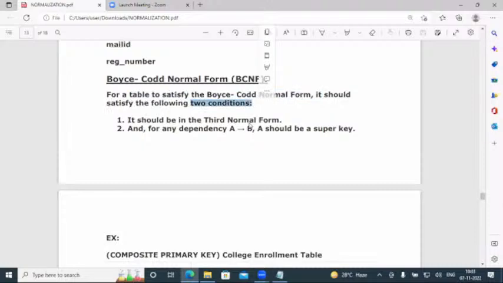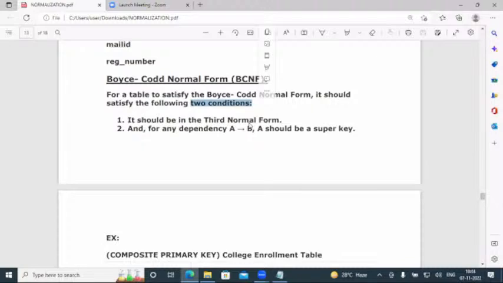The first condition is that the previous form should be satisfied. What is the previous? First normal form, leave it. Second normal: first normal plus no partial dependency. Third normal: satisfied second normal plus no transitive dependencies.